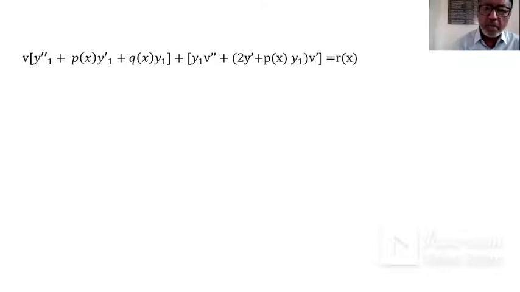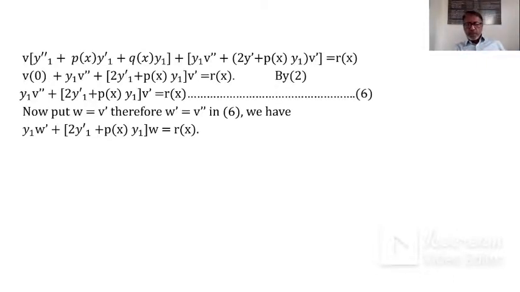Or you may divide by y1, or you may take the substitution w is equal to v dash. Therefore, w dash is equal to v double dash.